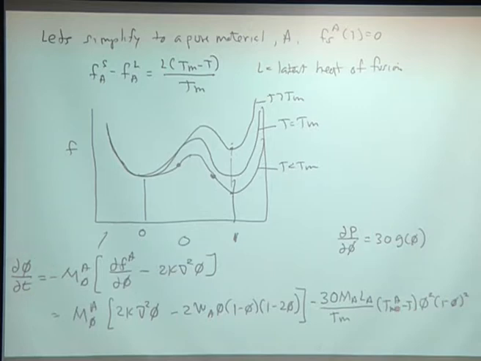And so the difference in temperature between the melting point and the actual temperature generates motion here. And so this is non-diffusive motion, right? So there's no conservation of solute here. It's just if I give you a temperature that's different than Tm, this is going to start moving.